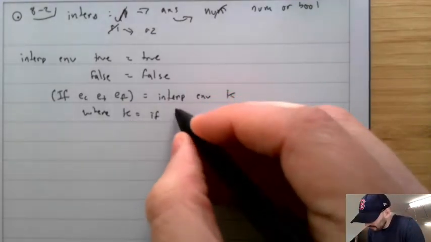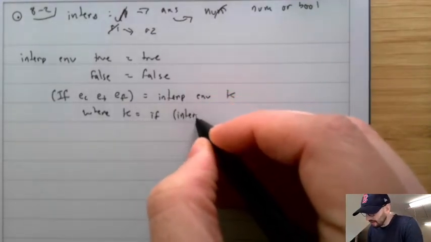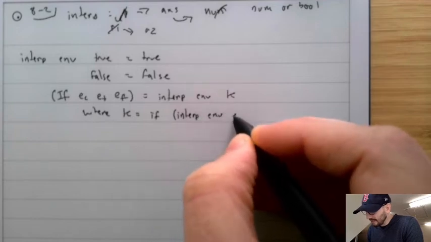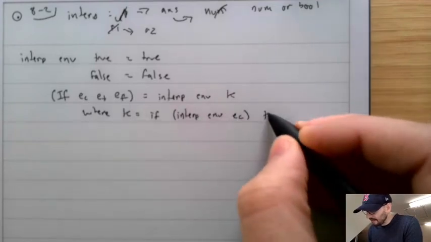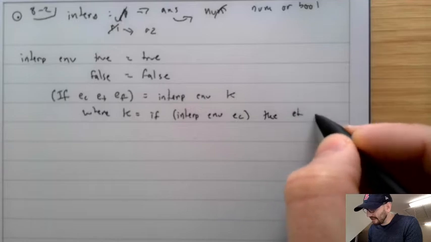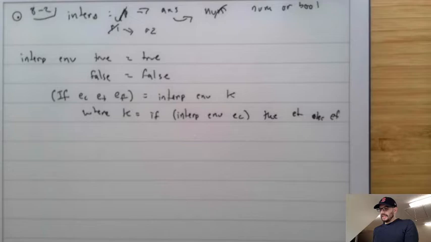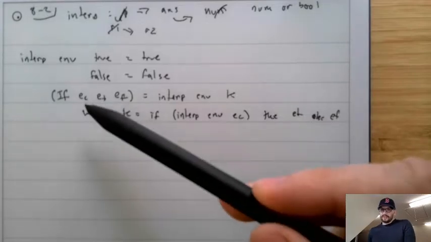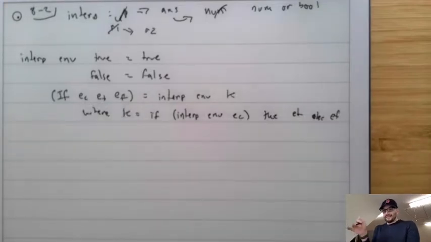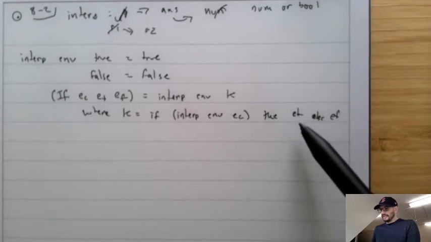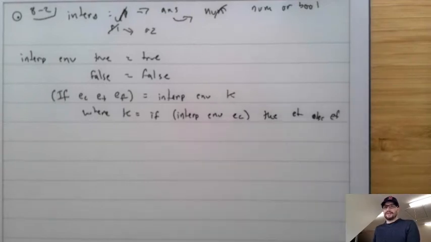We're going to say: if we interpret in the environment the condition C, then we return ET. Otherwise, we return EF. So the idea is that you interpret the condition expression, get the answer, and look at it. If it's true, you use ET. Otherwise, you use EF, and then you interpret whichever one that is.